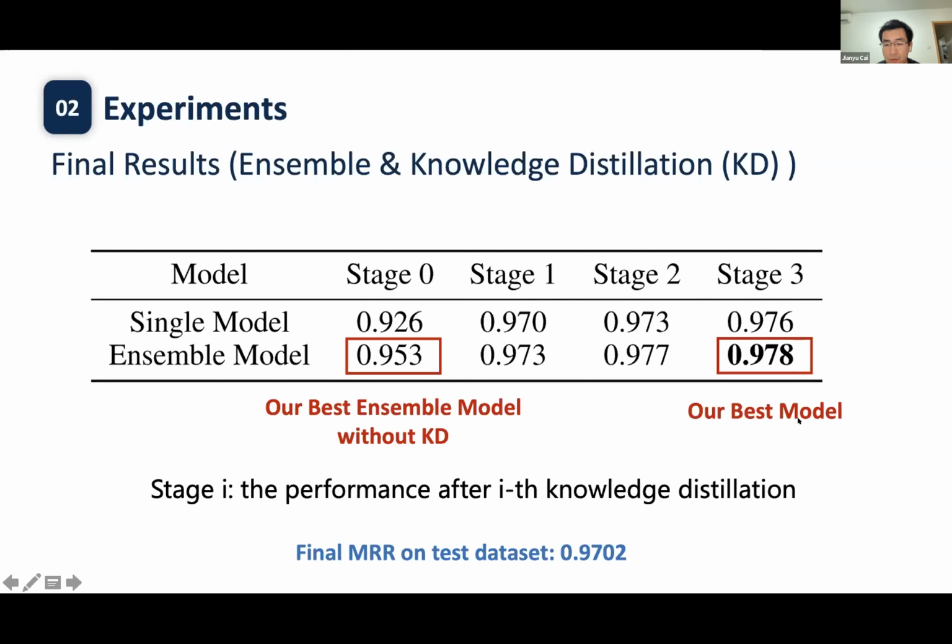This is our best performance that includes single models, ensemble method, the rule miner, and the knowledge distillation. Our final MRR on the test data set was 97.02. It was a bit lower than the performance on the validation data set.